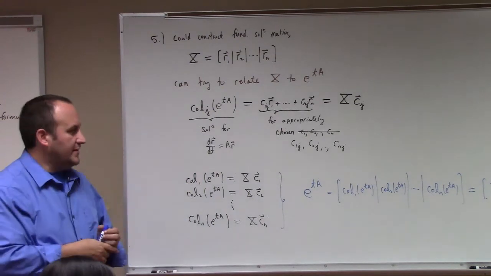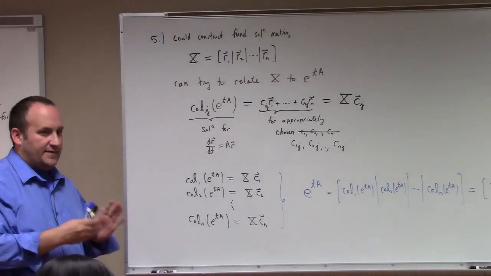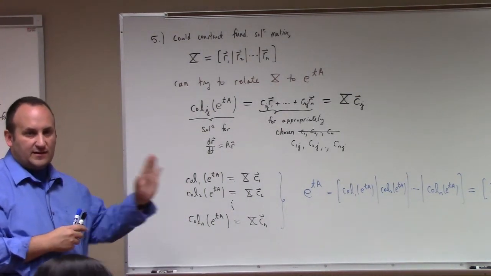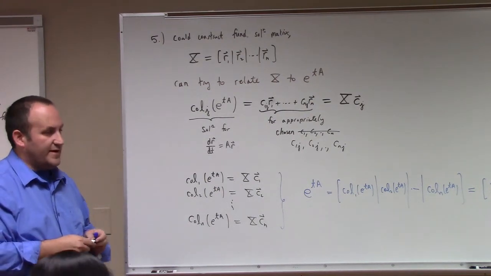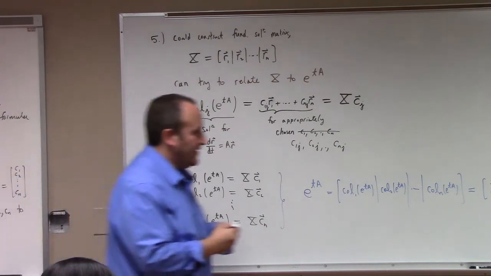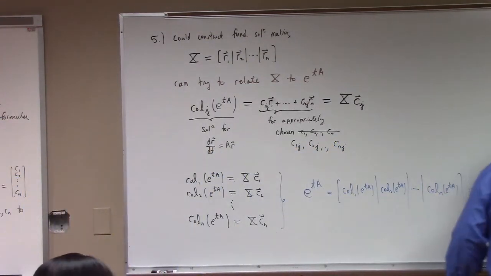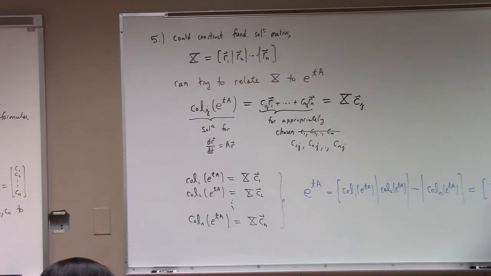But what did we learn about matrix multiplication? If we've got the same matrix multiplying each column, then by the column matrix multiplication rule, I can factor the x out. And I just have x times what matrix? Times a matrix of constants, yeah?